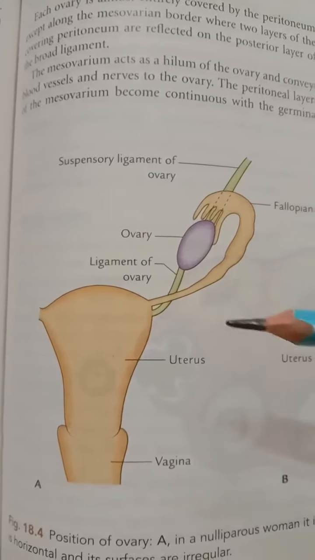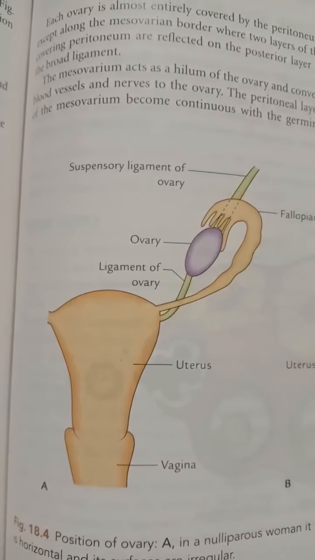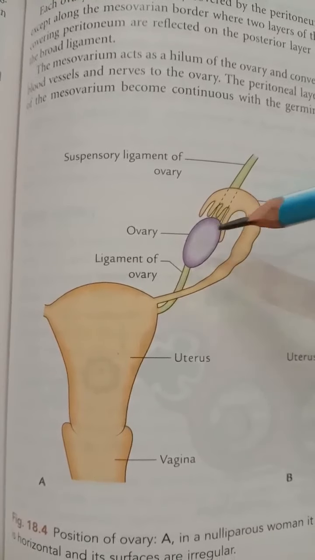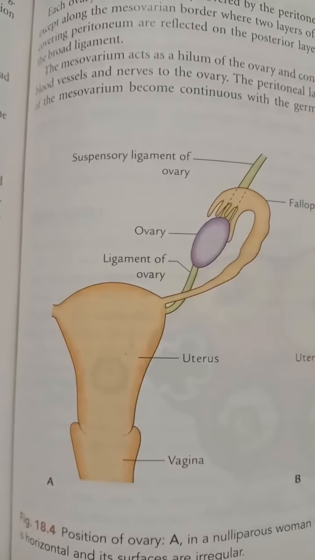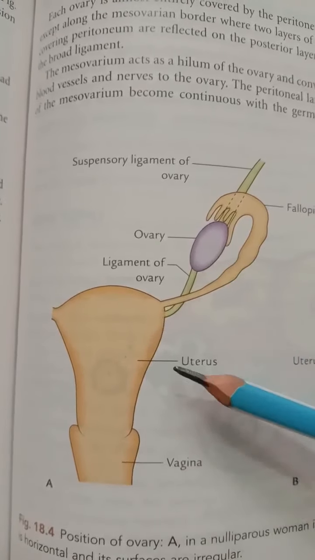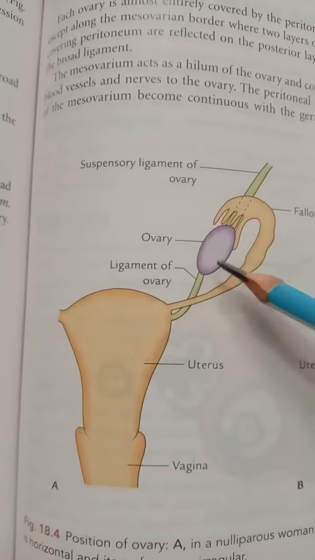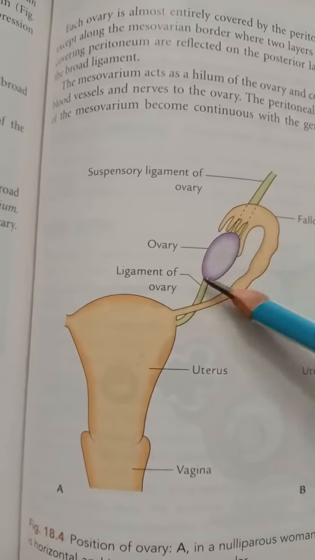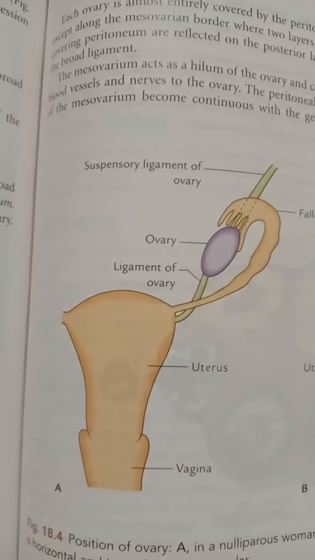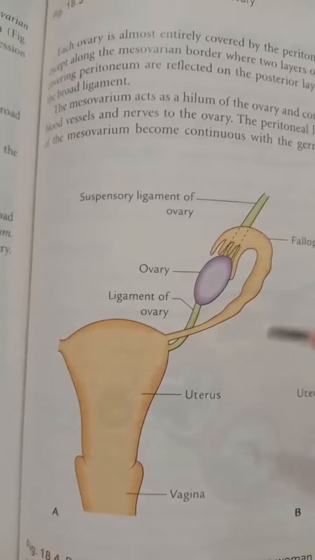The ovary has the following features: two poles, the upper pole and the lower pole; two surfaces, the lateral surface and the medial surface; and two borders, the anterior border and the posterior border.